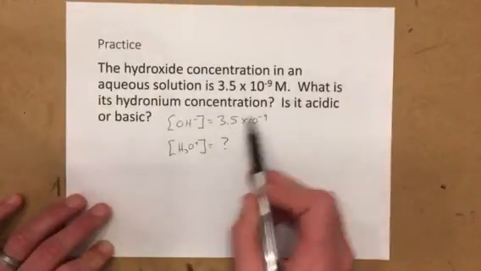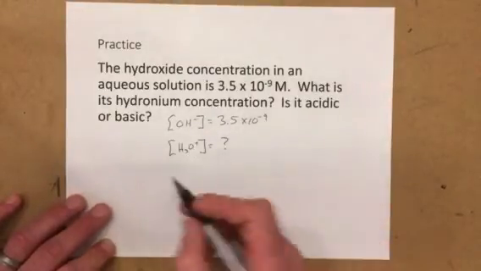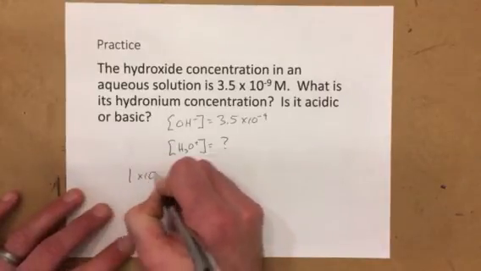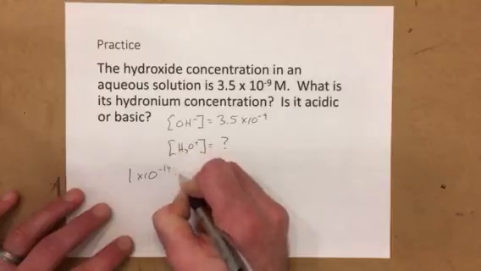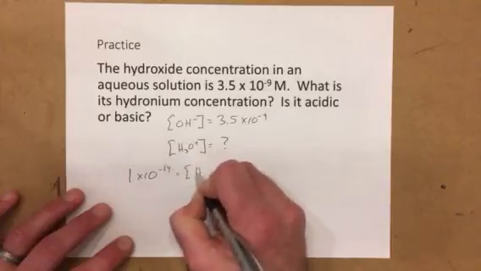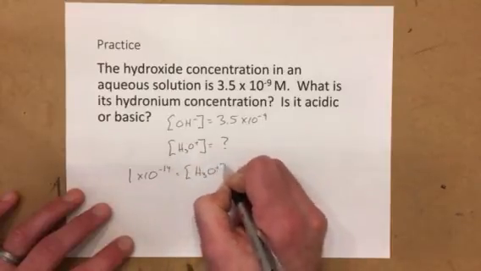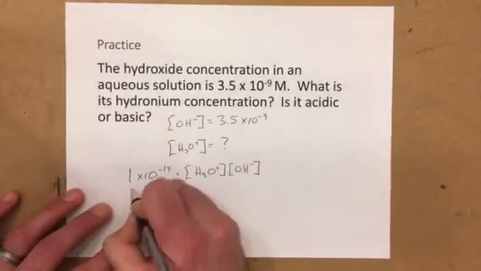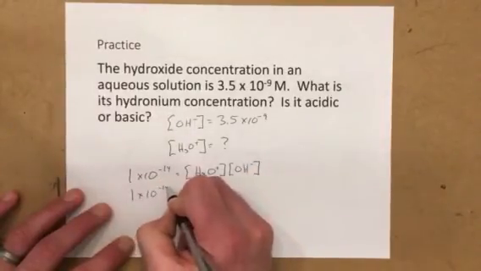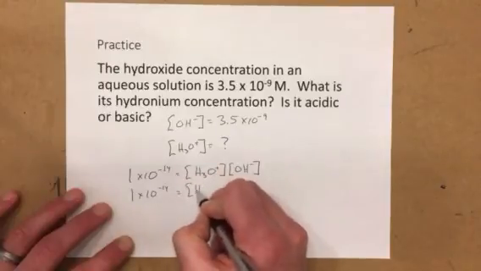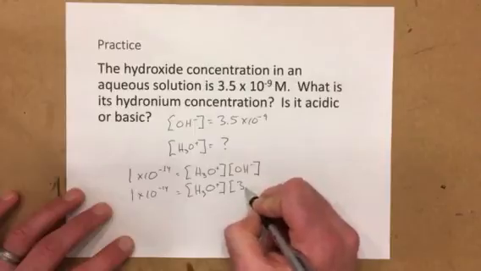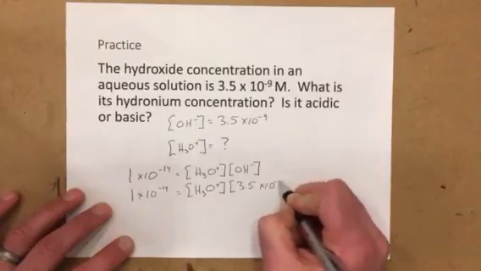To solve the other part of the question, to figure out what the hydronium concentration is, we'll do Kw, which is 1 times 10 to the negative 14, is equal to hydronium times hydroxide. So 1 times 10 to the negative 14 is equal to hydronium times 3.5 times 10 to the negative 9.